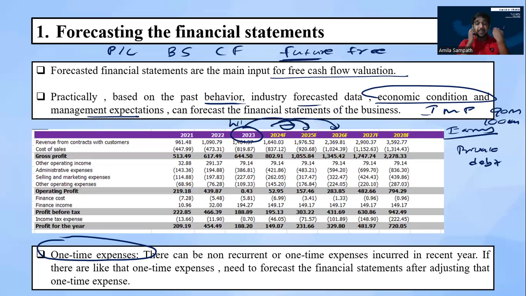That's actually a practical thing. For your examination purposes, you don't need to understand the practical side of forecasting financial statements. We forecast financial statements considering a few factors: the past behavior, the industry forecast data, economic conditions, and management expectations.